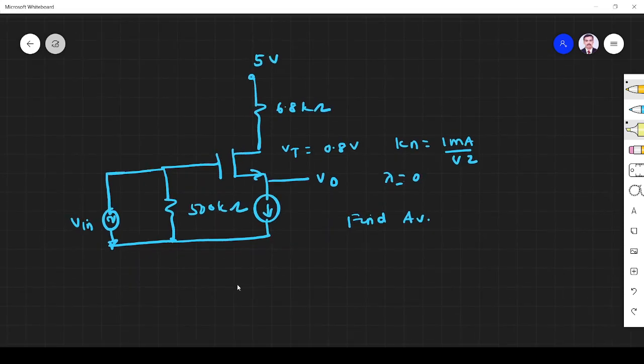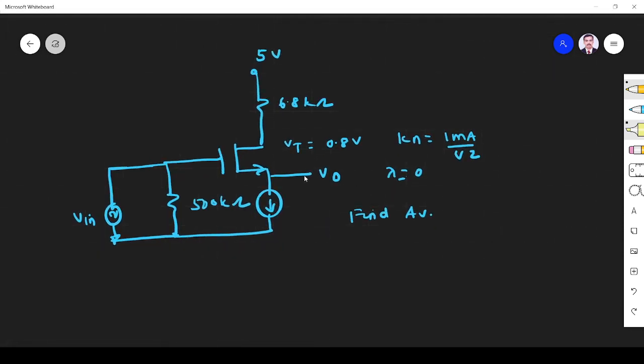And the next problem is find the voltage gain. Right? It is again a common source amplifier. So we have to find the voltage gain. Here you see DC gate current is 0. This is for any MOSFET, right? Because the gate is insulated. So IG is equal to 0.